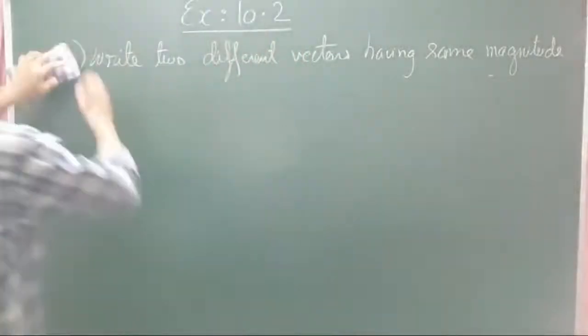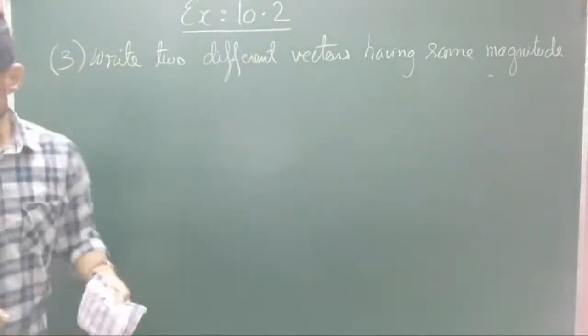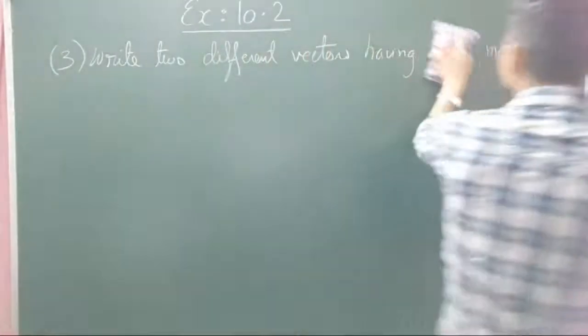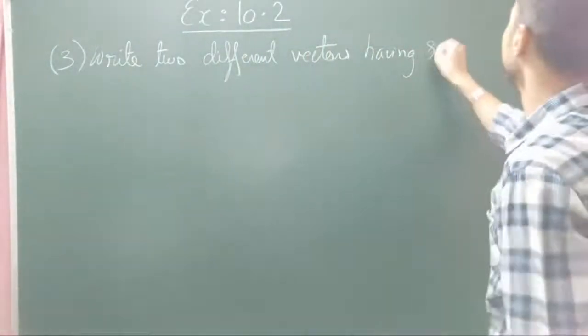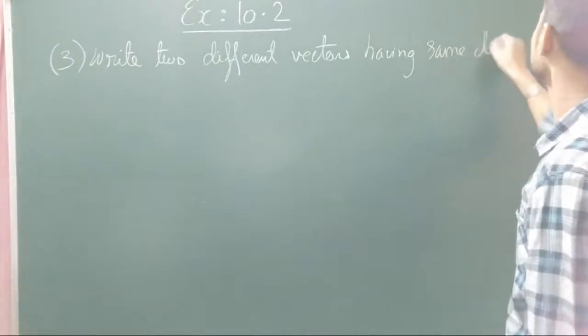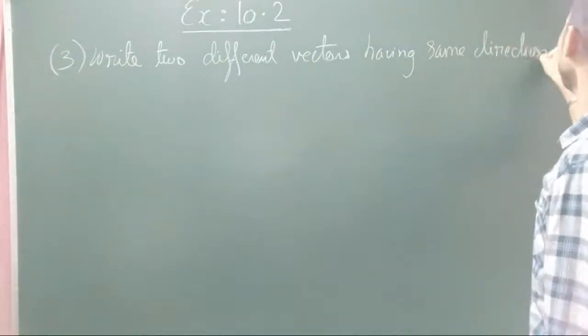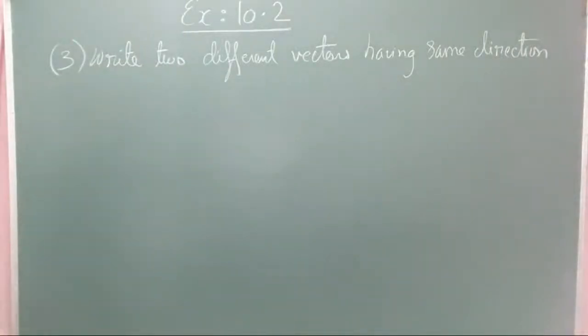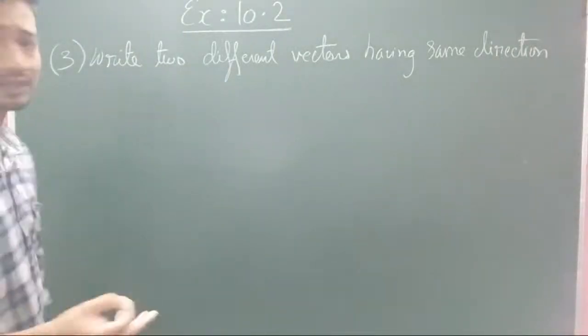What is the third one? Question number 3. Write two different vectors having the same direction. So not collinear, like vectors, same direction.